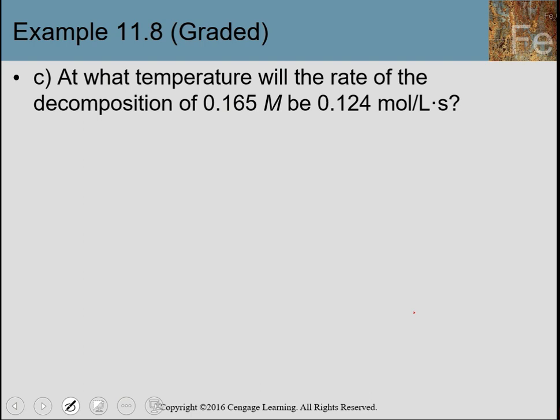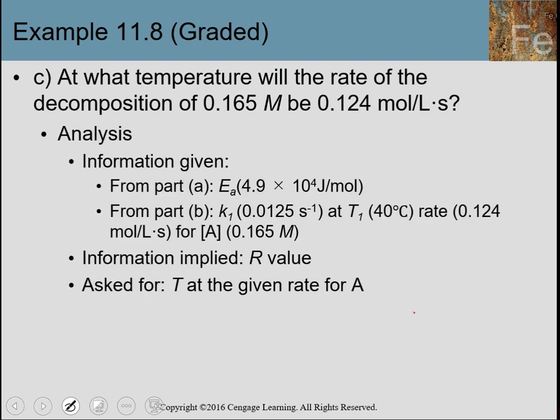So what I have here is a rate law equation, which I have to find the K for, and then find out at what temperature that K exists. So I have my activation energy from the beginning. I have my rate law constant at 40 degrees. I know what K1 is at 40 degrees. I know the rate that I want, and I know the concentration I want, and I know what my R value is, and I need to find out the T.